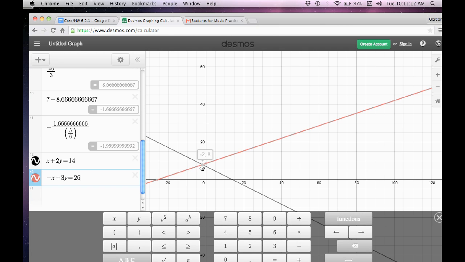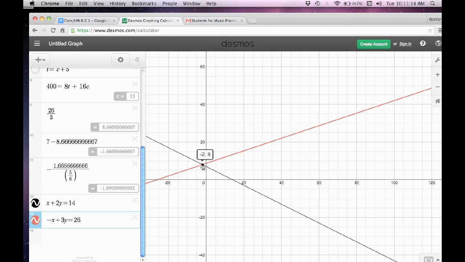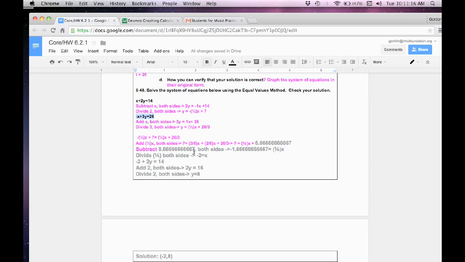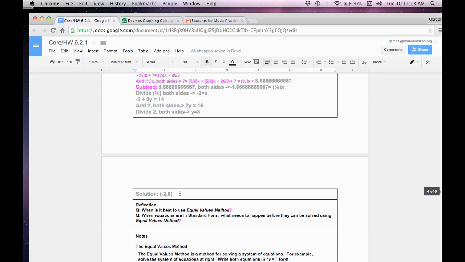And where do they cross? Negative 2, comma 8. So that's how you can validate your work. Solution checks out by graphing. Hooray!